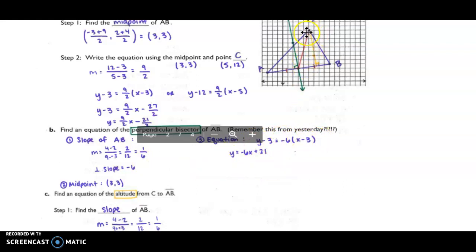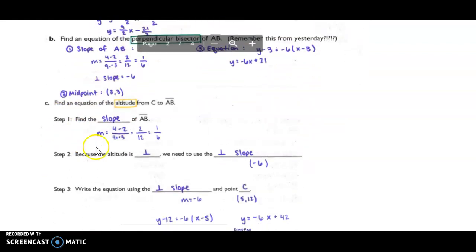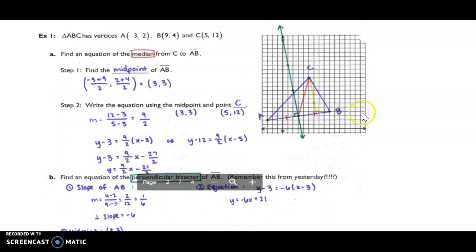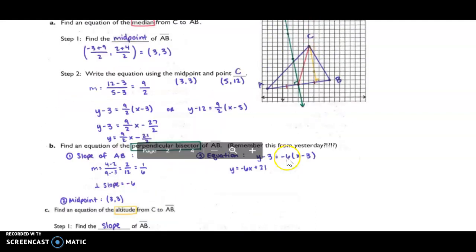Now from C, in part C here, I'm going to do a little scrolling. It says to find the equation of the altitude from C to AB. This is the yellow line. We need the slope of AB. The altitude is perpendicular.